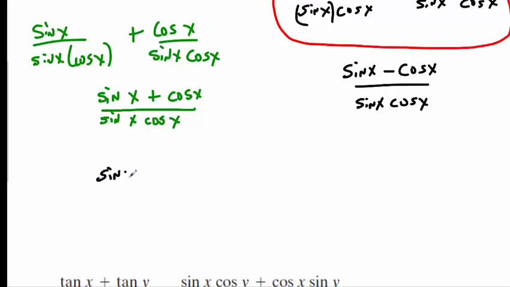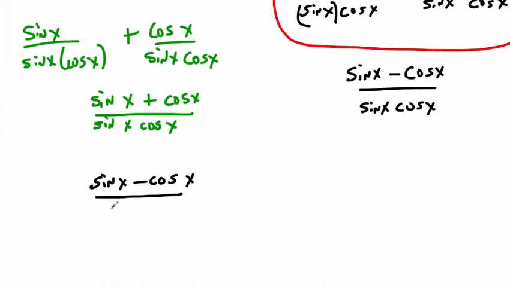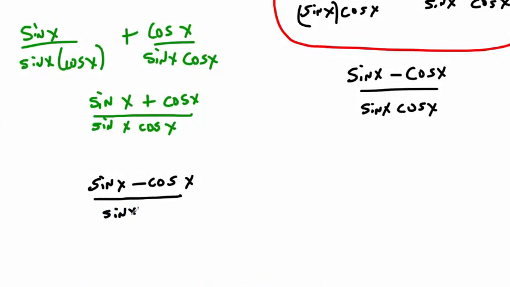So I have sine x minus cosine x, and underneath that sine x cosine x, and we said we're dividing that by sine of x plus cosine of x.